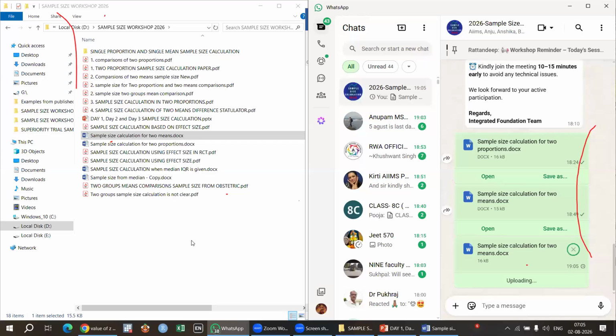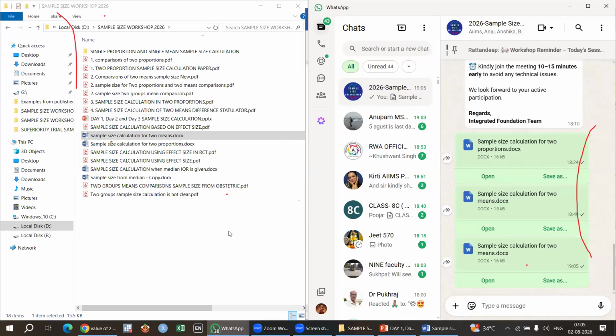Now we'll do some online software. How to calculate sample size in online software using these examples.